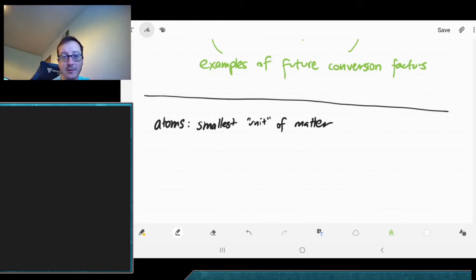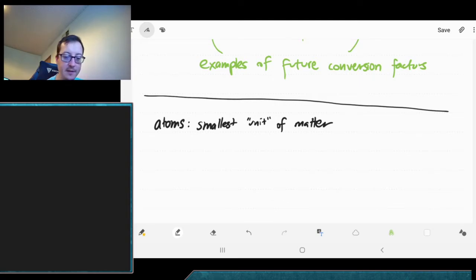This was a concept devised by the Greeks way back when, where they're like, well, if we keep taking this piece of pure substance, whatever it is, and keep breaking it in half, eventually we'll end up with this idea of an atom, and we can't break it up anymore after that. And so our smallest chunk of matter that we can have is one atom.